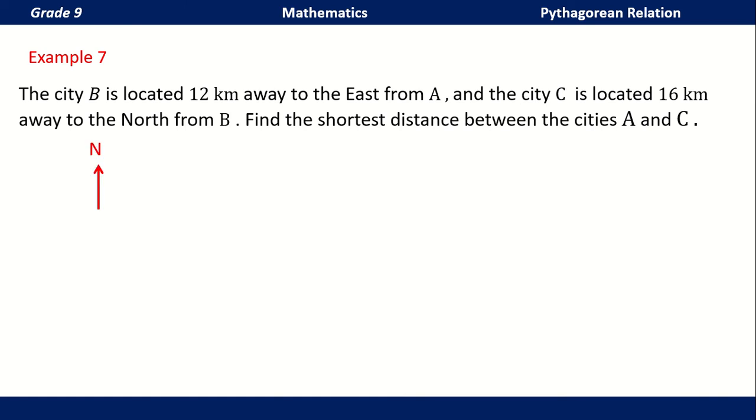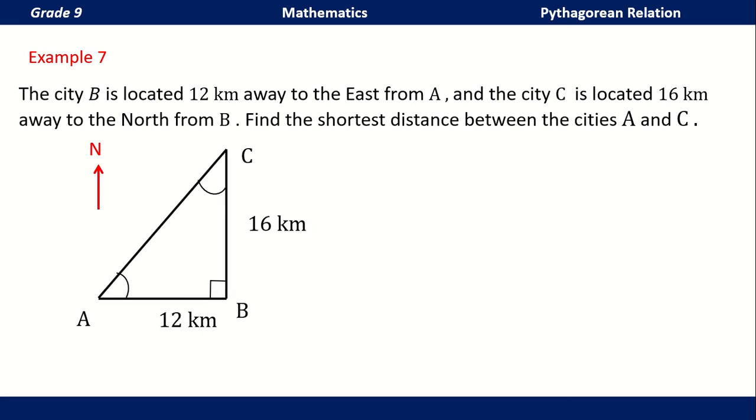Since it indicates some directions, mark north first and then draw it like this. Since the city B is located 12 kilometers away to the east from A, here is A, and B is located 12 kilometers away to the east from A. So I have marked it here.